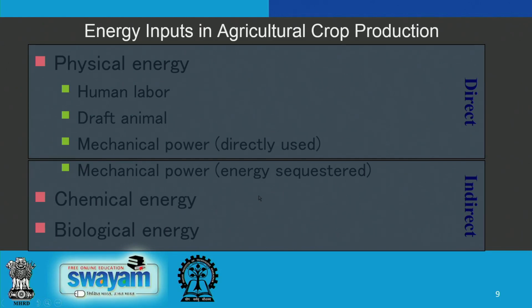The direct input of energy will include the physical energy, except the mechanical power energy sequestrated, whereas the indirect energy input will comprise biological energy, chemical energy and the energy sequestrated in the production of the inputs.